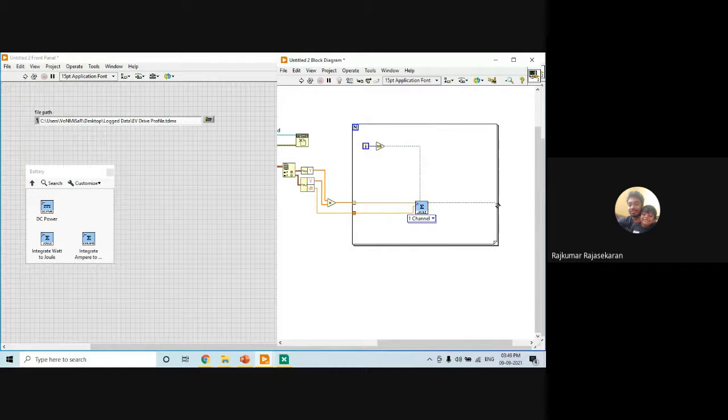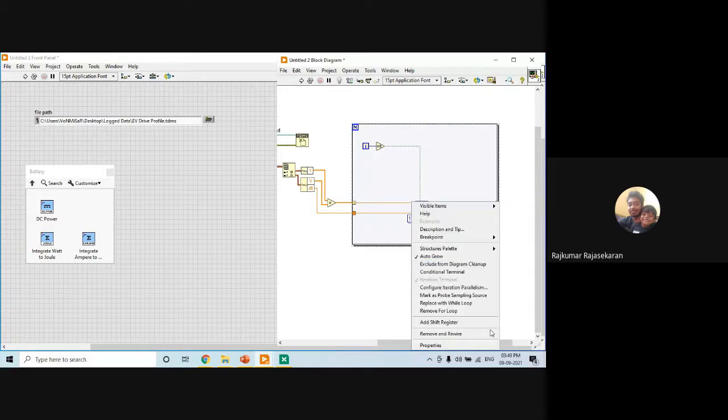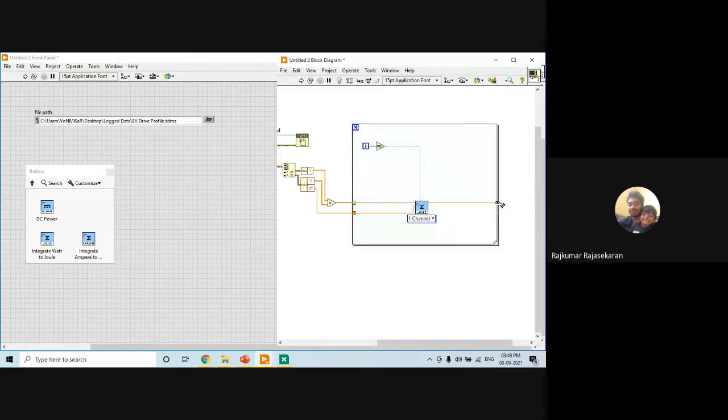This data I'll collect over a period of time. Individual data will be collected, and at the end of the full iteration run, it's going to be seen like that. And this is for joule. So we got the joule.